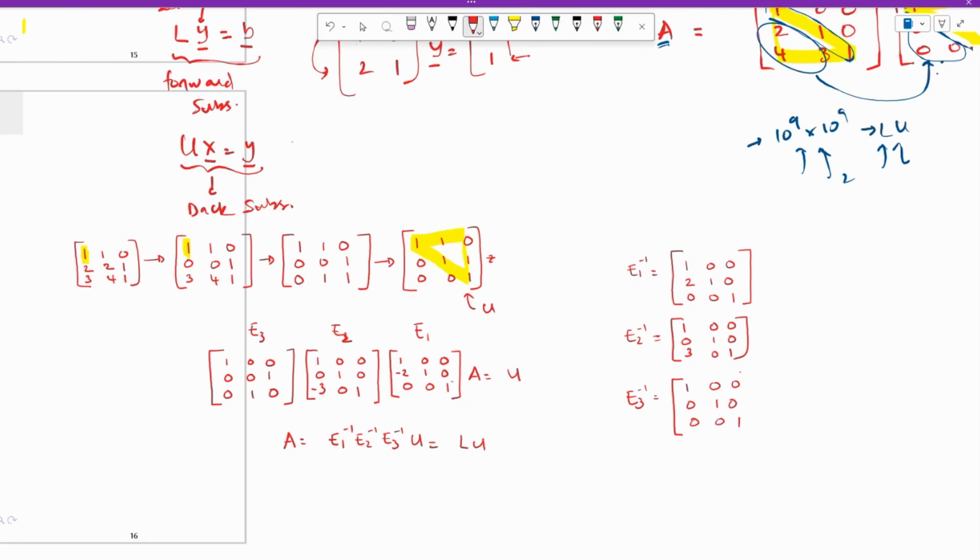Hey, hold on. That's the identity matrix. That means if I multiply E3 inverse by E3, I'll get E3. I don't get I. So that's not the inverse. Again, think in terms of words. What is the inverse? You did a row exchange operation. What is the inverse of that operation? You do the interchange. That means you do the same operation again. I switch and I switch again. That means the inverse of E3 is E3 itself.